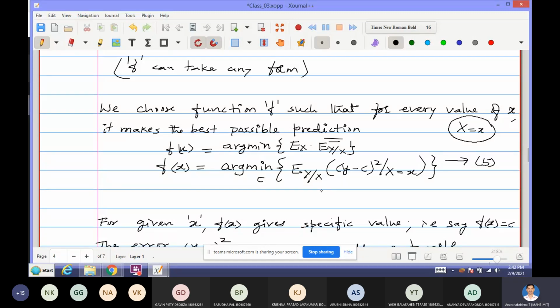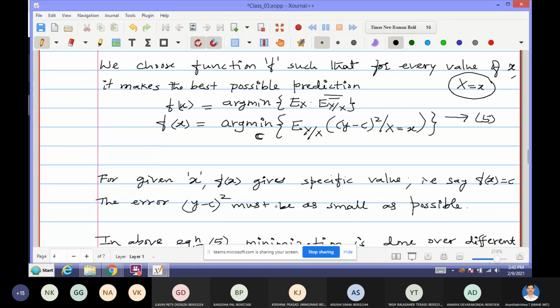Please note that this argument minimum is with respect to c, a variable, another term that we have here. Here c is exactly a value of f of x, that is, at a particular input value x, f of x is equal to c. So it is the output at a particular value of the input; for a given value x, f of x gives a specific value.